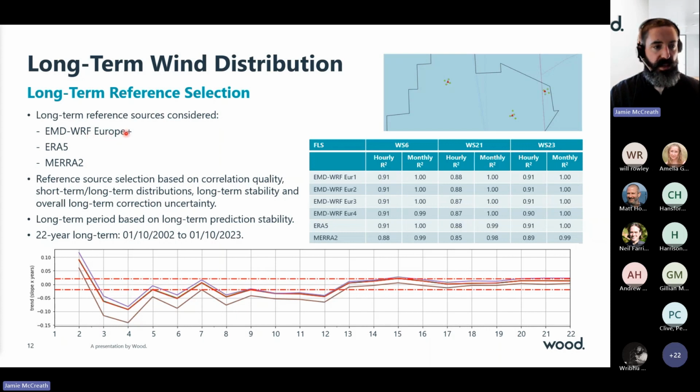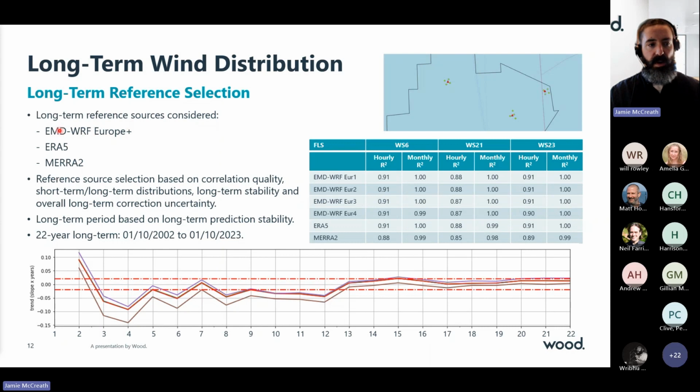The EMD WRF gives us time series data over a long-term period, at a resolution of about 3 kilometers grid over the whole of the globe. ERA5 provides the same, but it's at a 31 kilometer grid, and MERA2's roughly 55 by 70 kilometers lat and long. So the EMD WRF dataset is mesoscale, and the other two are reanalysis.